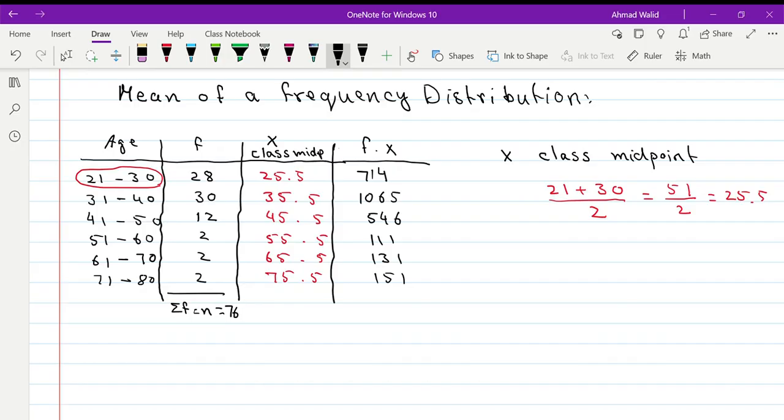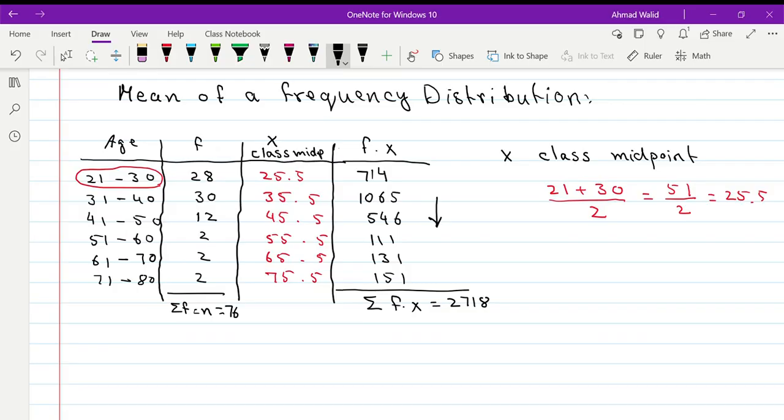Correct? What you do here now, add these numbers. Find the sum of F times X. It means add 714, 1065, all these numbers, add this way, please. Correct?